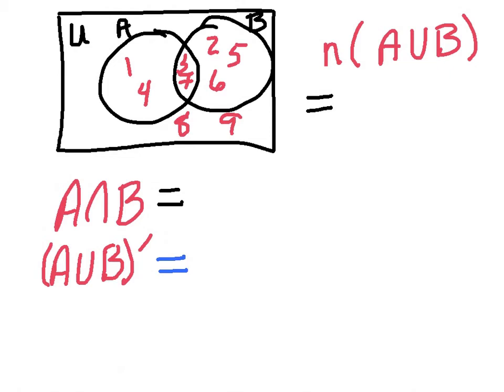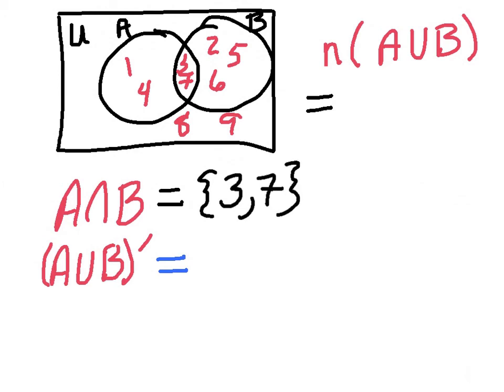The intersection is always everything that's in A and also at exactly the same time in B. And we can see from the diagram that the only possible elements that satisfy that are these elements right here, 3 and 7. So we can go ahead and write that our solution is 3, 7, the set containing those.